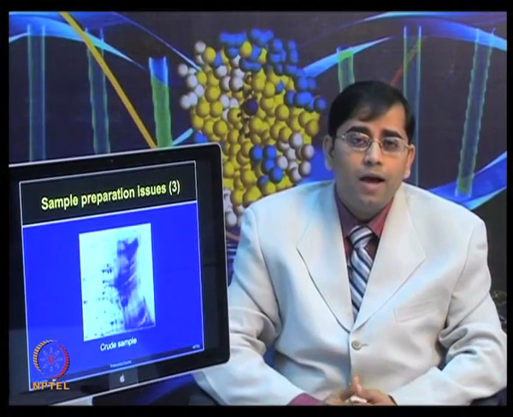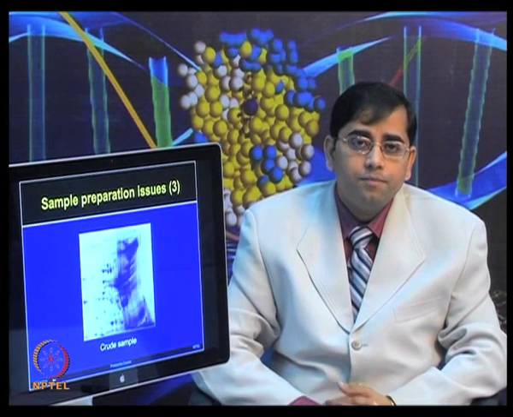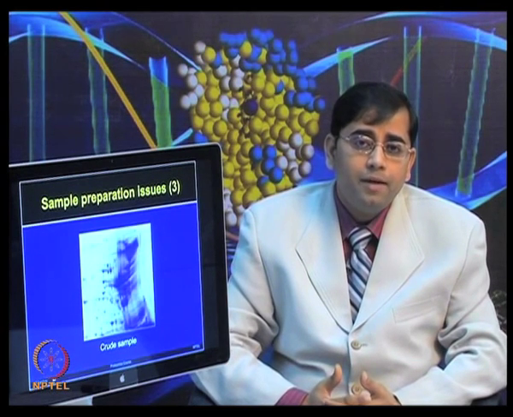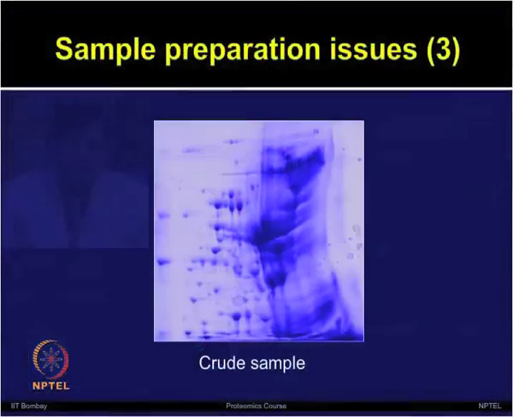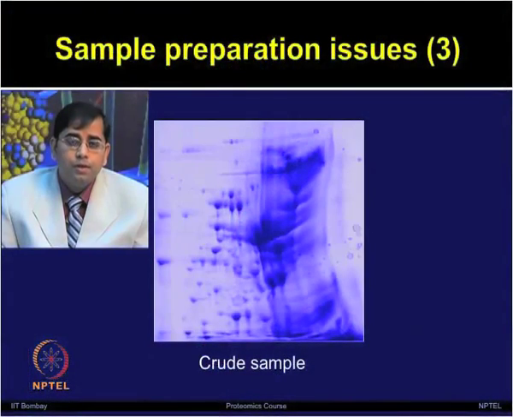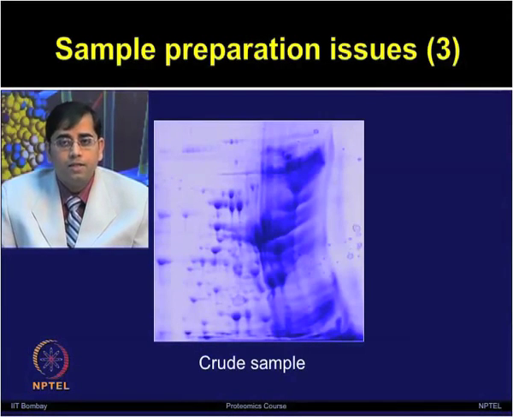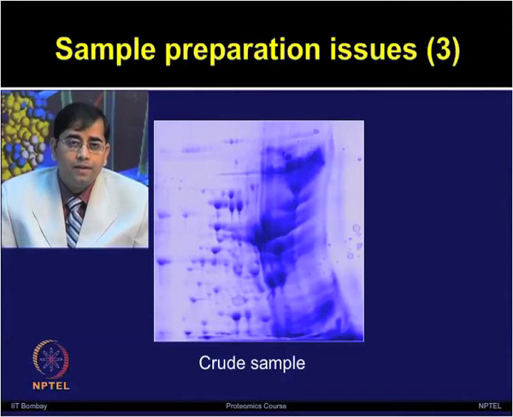If you have samples with proteins in high abundance, such as a crude serum sample, these samples will show interference in the focusing step because of large amounts of salt and other interfering components, and then you can see these types of bad gels because of either the salt or the abundant proteins present in the mixture.